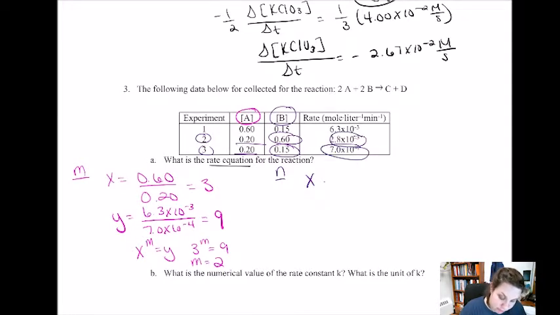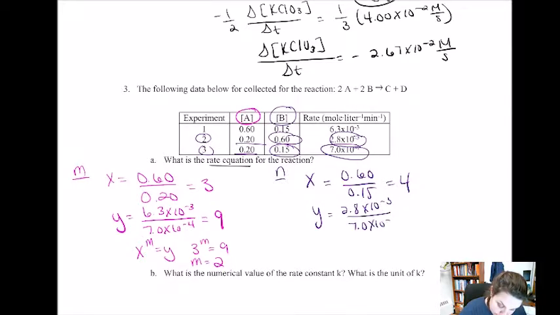So our x is equal to 0.60 divided by 0.15, which gives us a value of 4. And then our y is equal to 2.8 times 10 to the negative 3 divided by 7.0 times 10 to the negative 4, giving us a value of 4. So 4 to the n is equal to 4, n is equal to 1.